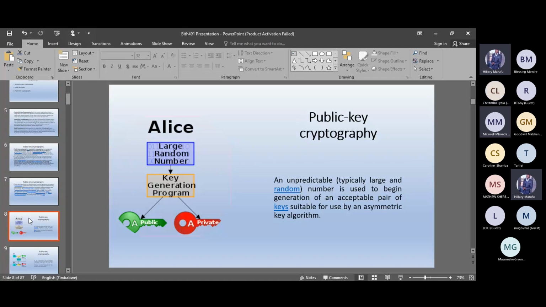Normally, it's made possible by the use of generating very huge random numbers. So an unpredictable number is used to begin generation of an acceptable pair.